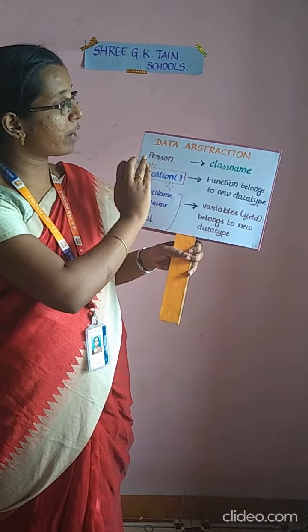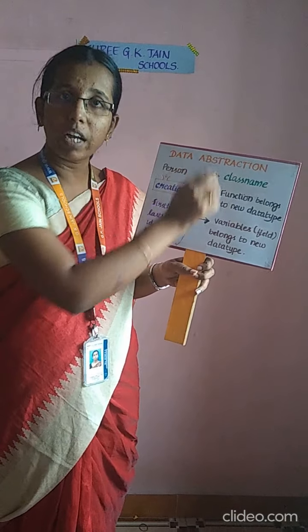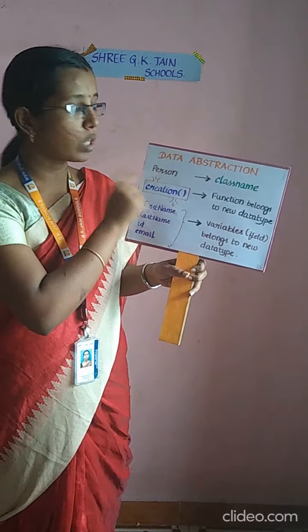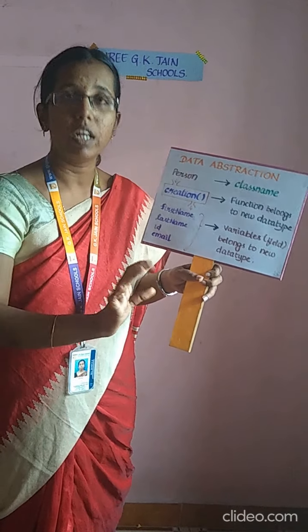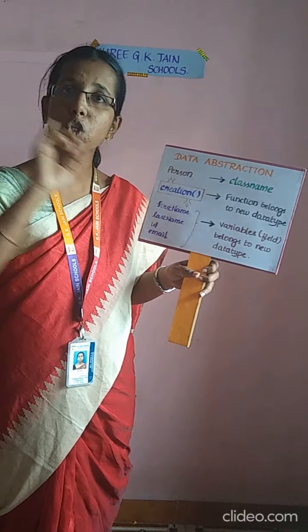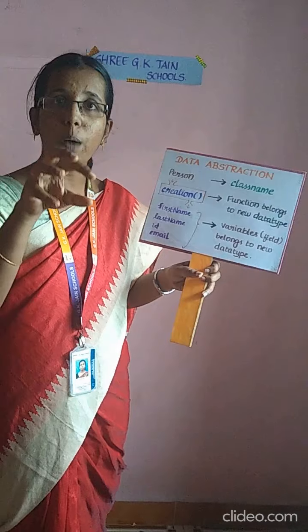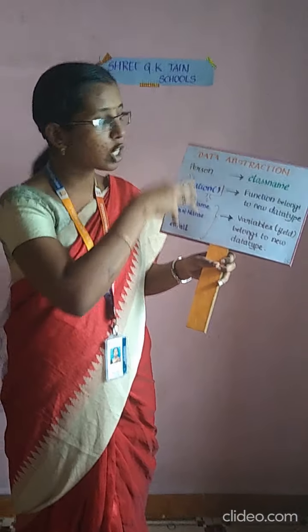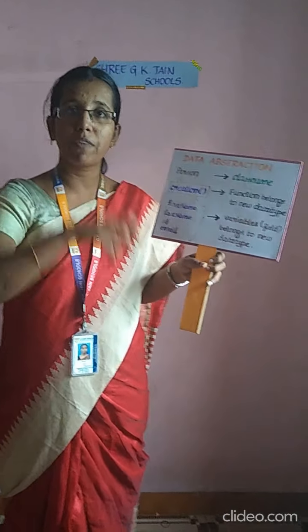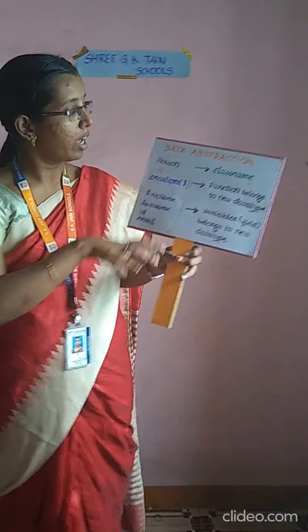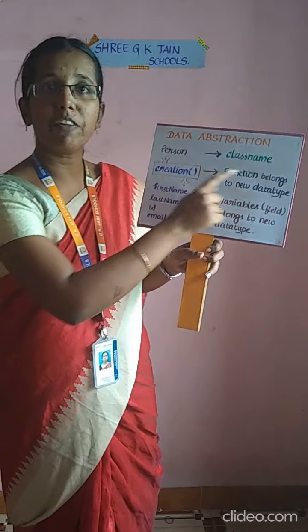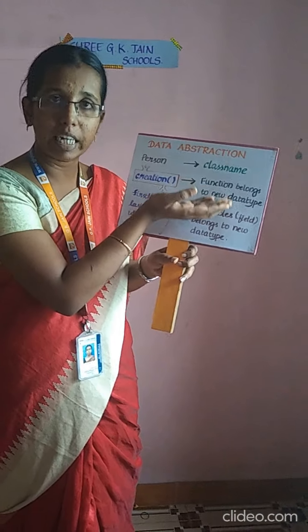If I am creating P1 as an object here by using the class name person, P1 will be my object, and that object is used to access all my variables and functions in the structure.